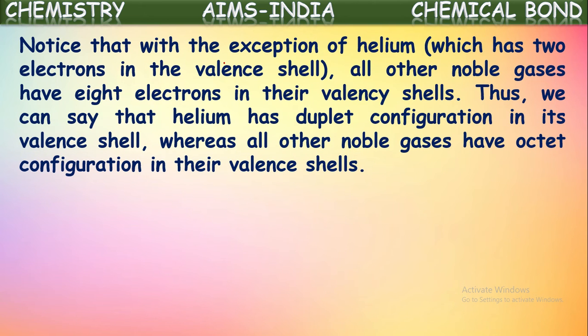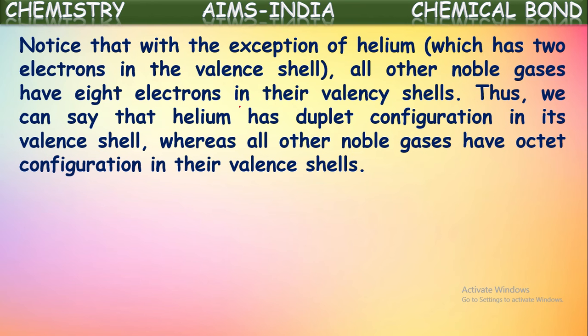We notice that, with the exception of helium, because it has only one shell that is completely filled with 2 electrons, all other noble gases have 8 electrons in their valence shell. Thus, we can say that helium has duplet configuration in its valence shell, whereas all other noble gases have octet configuration in their valence shells.